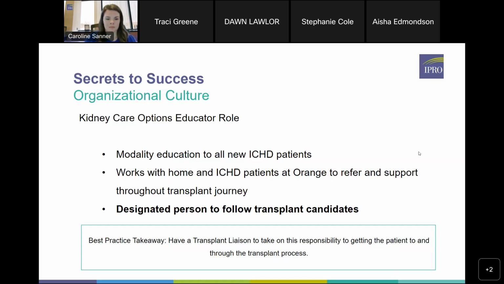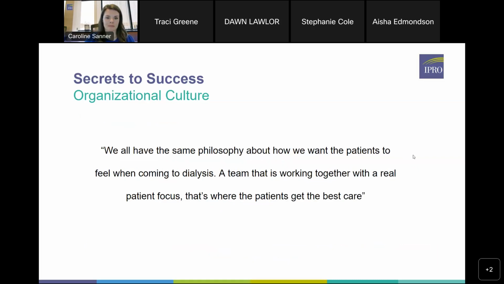But as I'll talk about a little bit later in the presentation, what we found in Orange is that some of the reason that the patients don't carry through as far as the testing portion of the evaluation is because a lot of times they really don't understand the test that they're being asked to do, and many of them are fearful. So it's important to have that designated person to follow the transplant candidates even after you have referred them, okay? So we can go to the next slide, just so I can start on this.